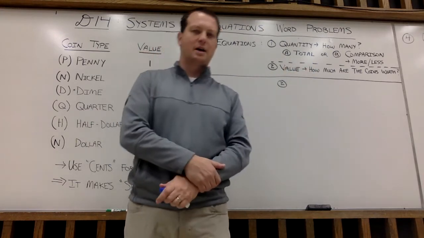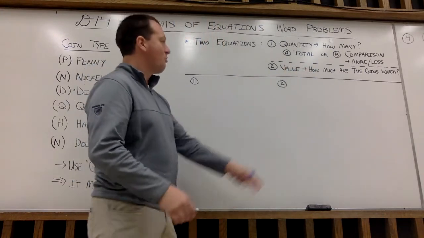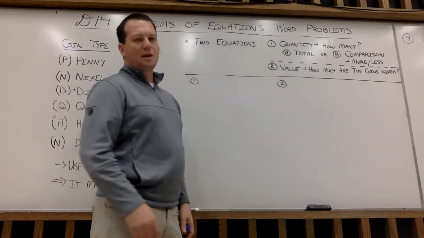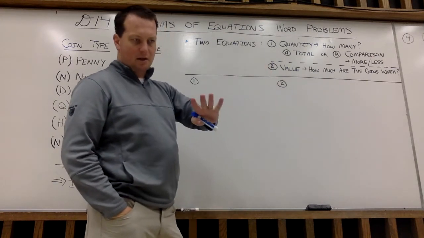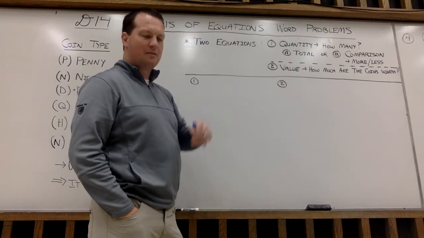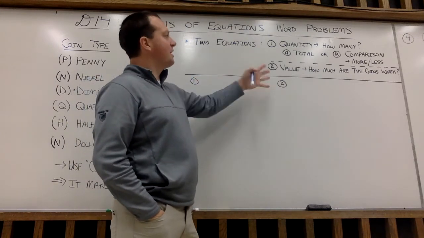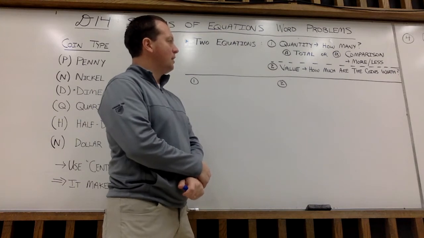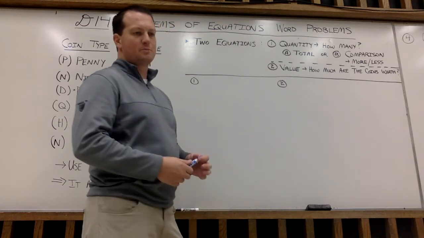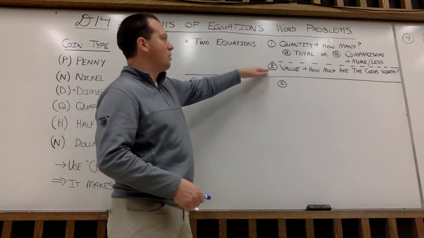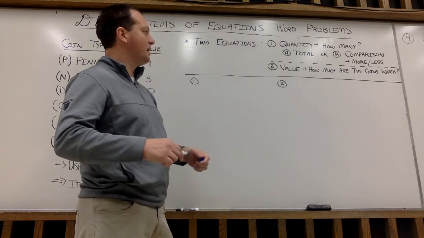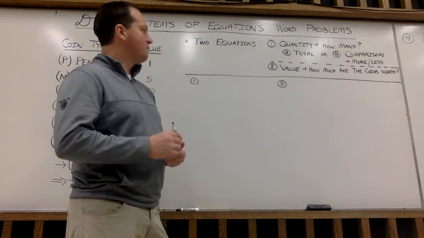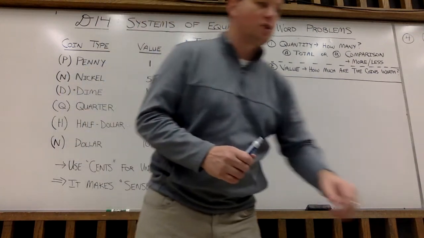We'll talk about how to set those up momentarily. And then finally, the value equation. The value equation will be the same setup for each of your systems word problem types. So the value won't depend whether or not it's a total or a comparison quantity equation setup. The value will be the same each and every time.